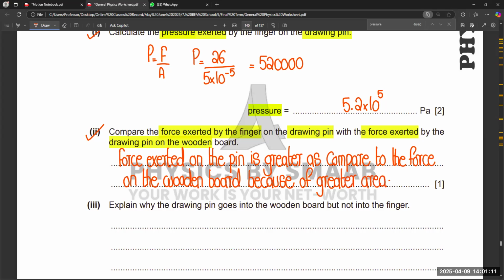Because the head of the pin has greater area and the bottom of the pin has a small area. So that's why we have different values over there.